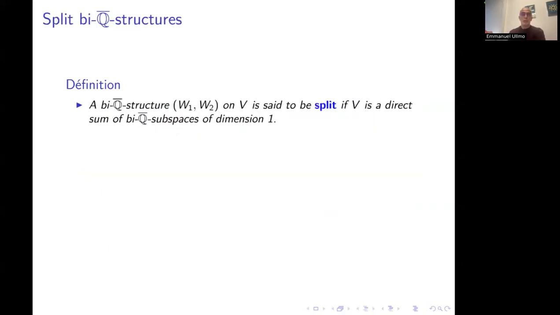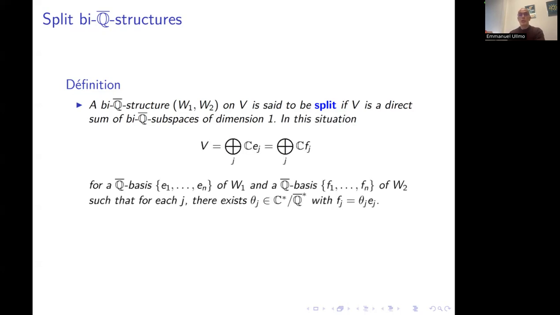In the talk, I will be interested in a very simple thing: the notion of a B Q-bar structure which is split. It just means that the complex vector space is a direct sum of B Q-bar subspaces of dimension 1.